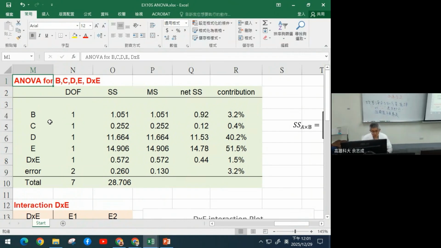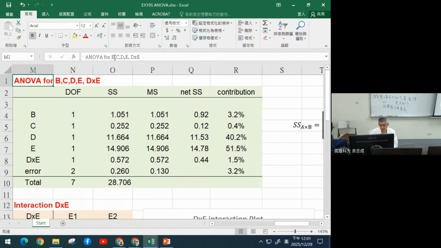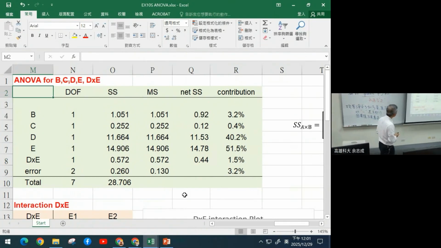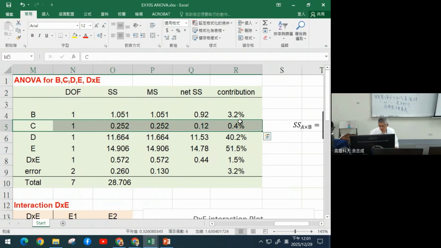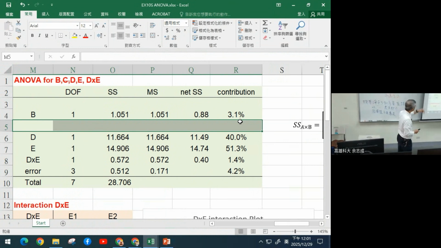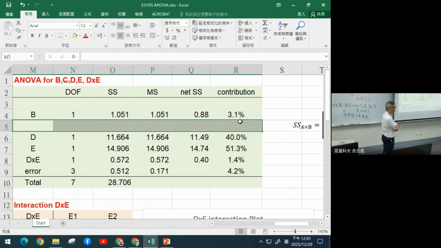If we remove C from our model, then our ANOVA will become this. All right, let's look at the model again.